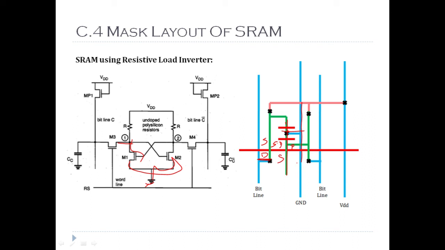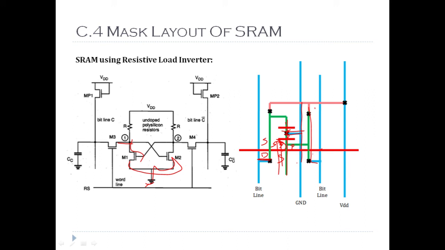Also, there is another transistor which can be shown here, M4. But before we go to M4, this entire thing is the drain, and this is the source, which is connected to ground. Now we have this transistor M4.